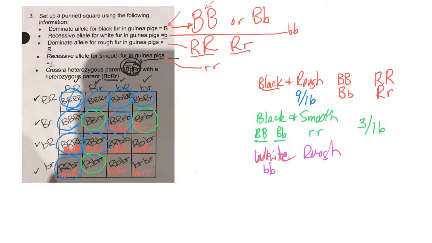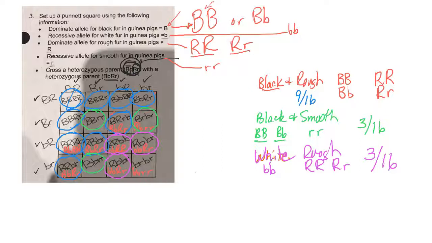But to get rough fur, it could be a capital R, or a capital R, little r. So let's look for little b's and at least 1 big R. Oh, there's one right there. 2 little b's. There's another one. 2 little b's and a big R right there. That's it. So 3 out of the 16 are going to have white fur and the fur will be rough.